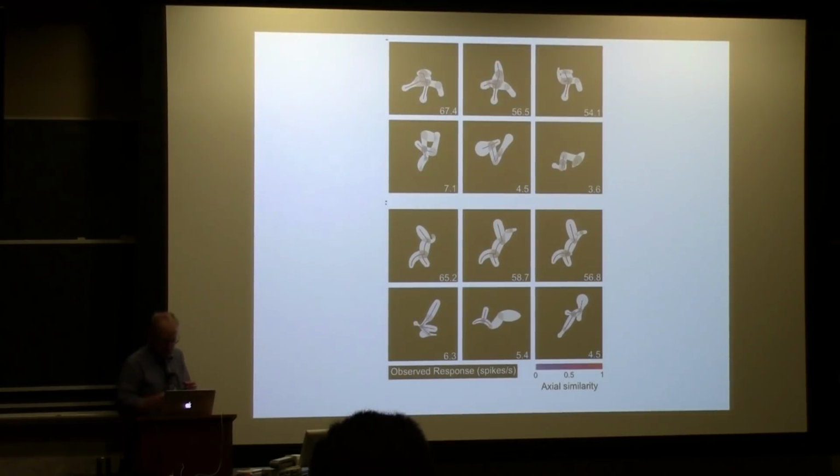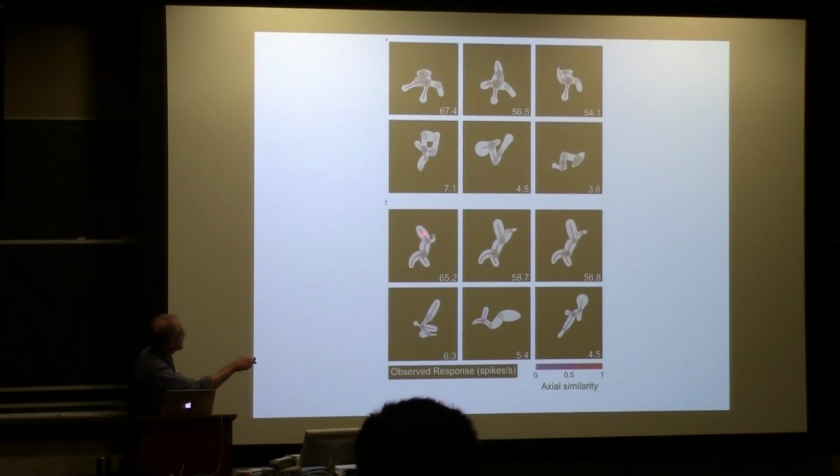And I won't talk about details of analysis, but what's shown here is high response shapes from one lineage and high response shapes from the other lineage. You can see that globally these shapes are different, but analysis shows that they have a common medial axis configuration consisting of 2 legs near the front of the object, and then a torso part, and then a branch heading off towards the left or towards the front of the object.